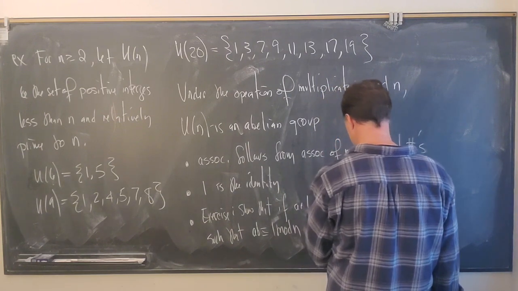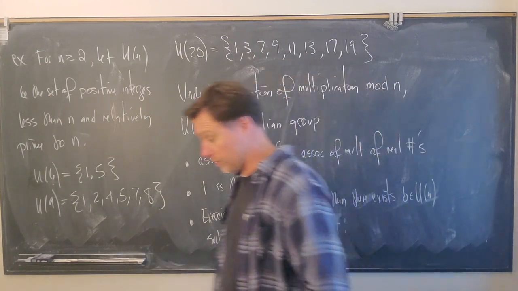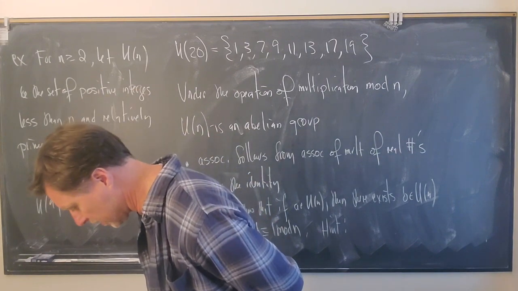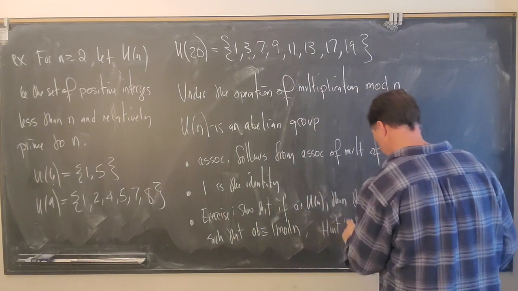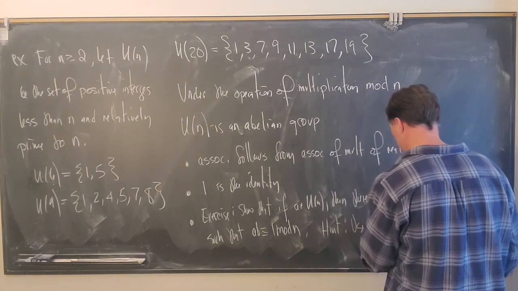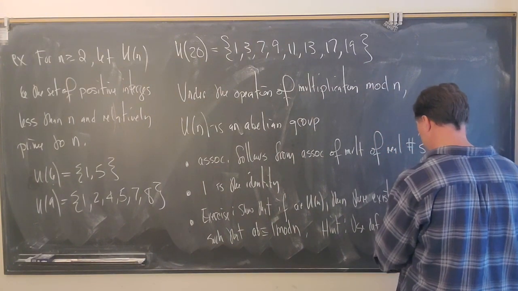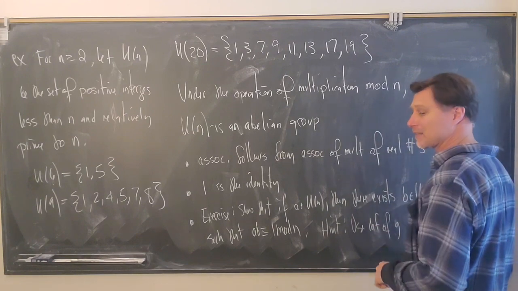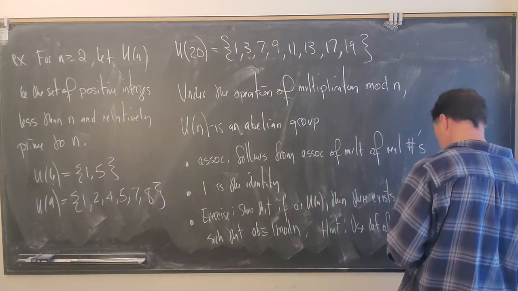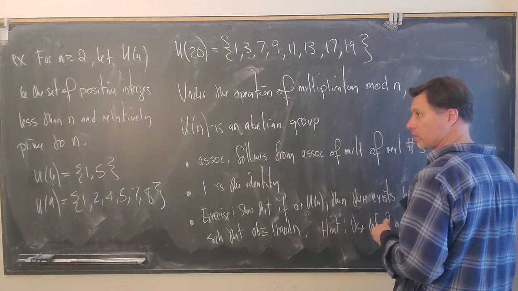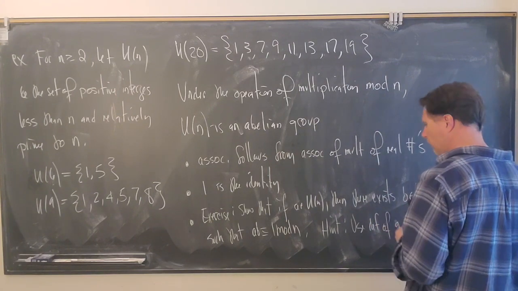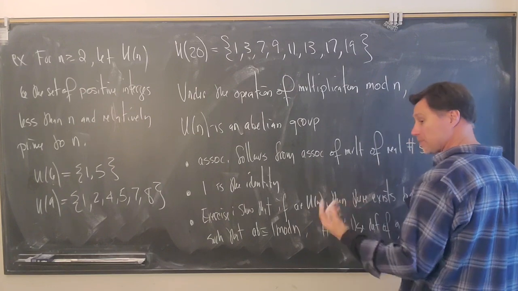What you'll need is the definition of the GCD. Use the definition of GCD, and by that I mean the one that we gave in class, not the one that you learned in number theory, but as the positive generator of the group generated by AM plus BN.